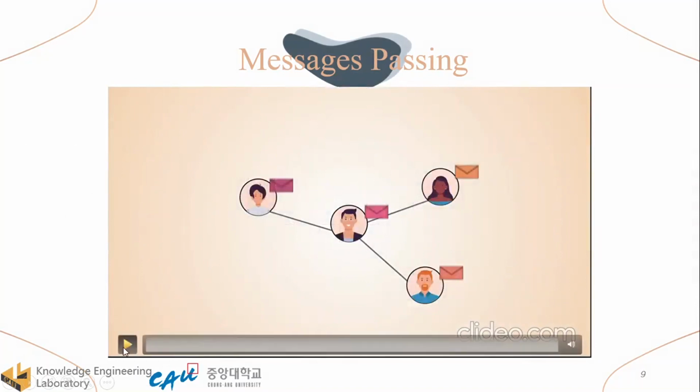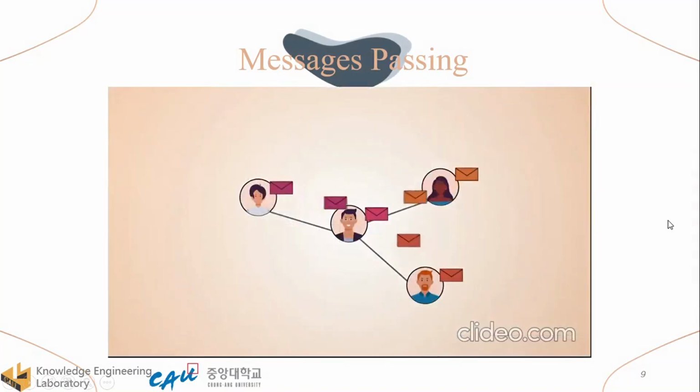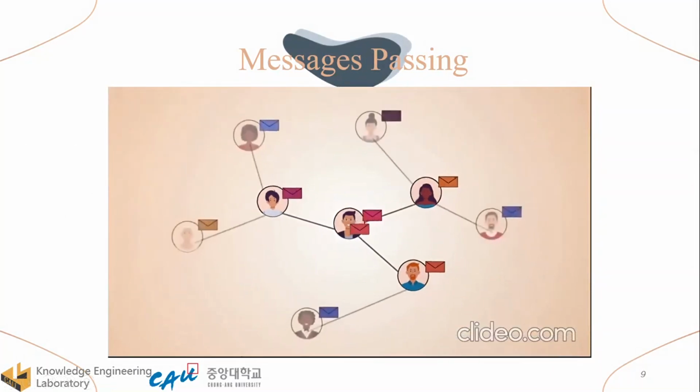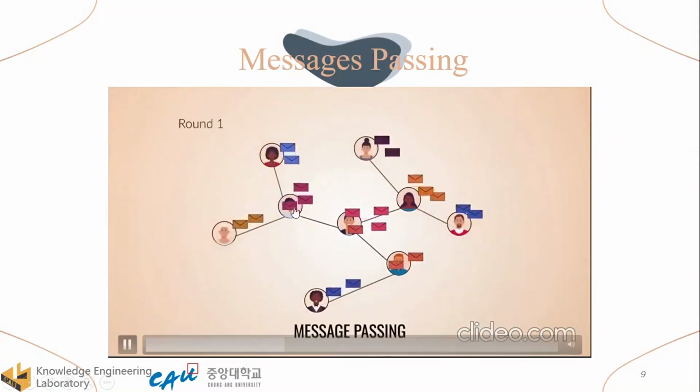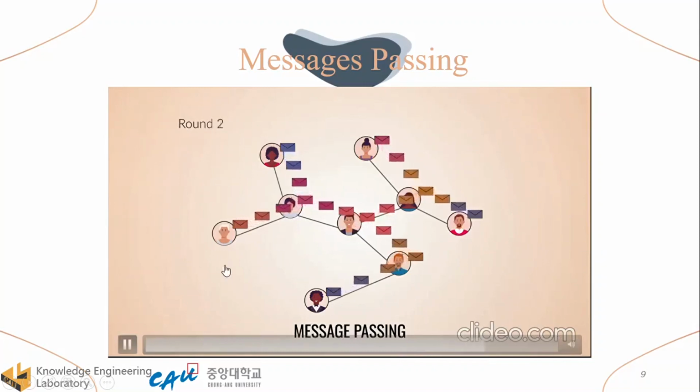So here's an example video about the message passing task. As you can see, each node receives the information from the neighbor nodes to update its embedding vector. And it can loop again for many rounds.